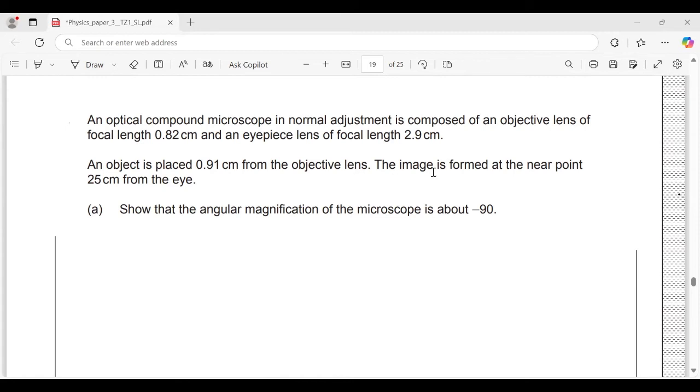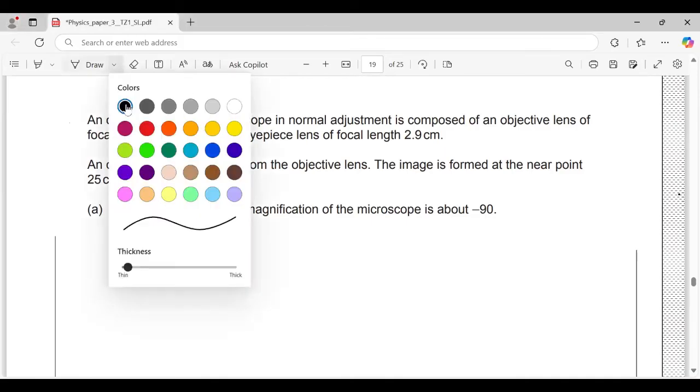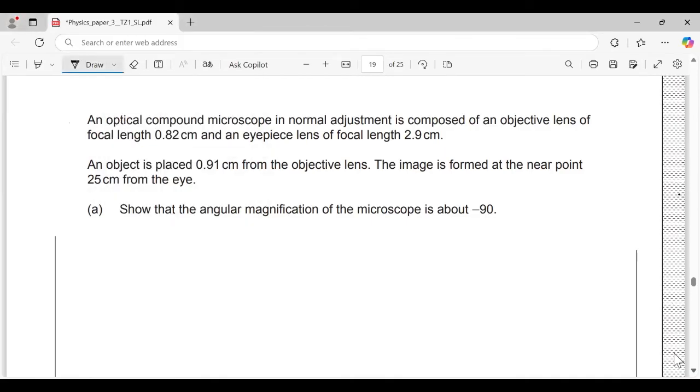The image is formed at the near point, 25 centimeters from the eye. Show that the angular magnification of the microscope is about minus 90. Yeah, it's about minus 90. Right. Great. Okay.